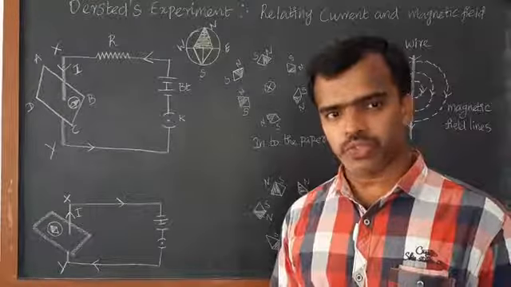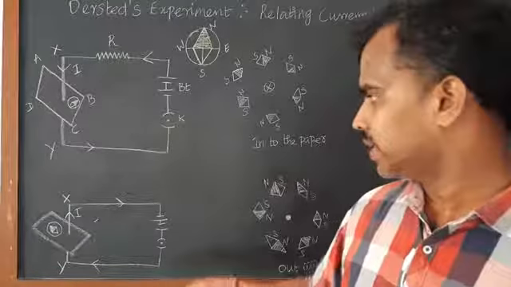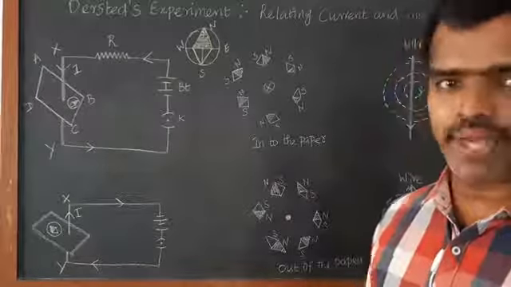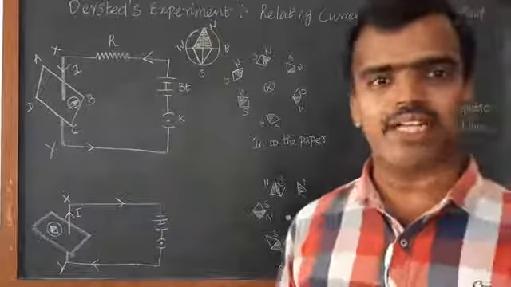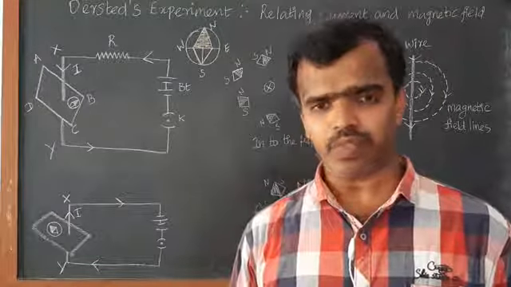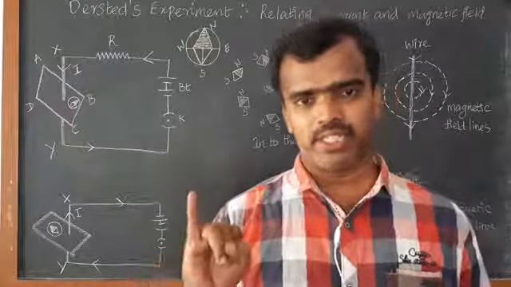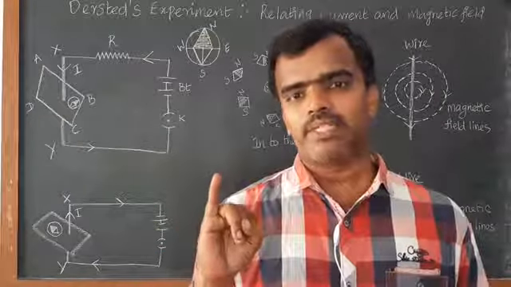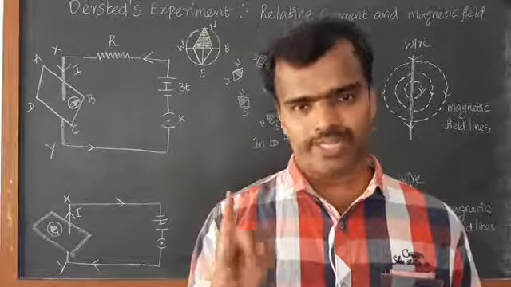Now, concept 3 is, if you increase the current value in that circuit, what will happen? Yes, the magnetic field also increases, because when the current increases, the magnetic field also increases. So, we are observing three different concepts here. The first one is that we produce a magnetic field when we pass a current through a conductor.